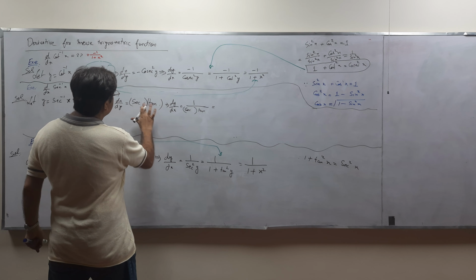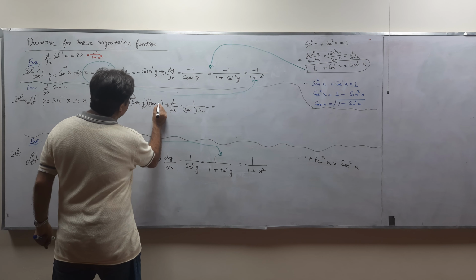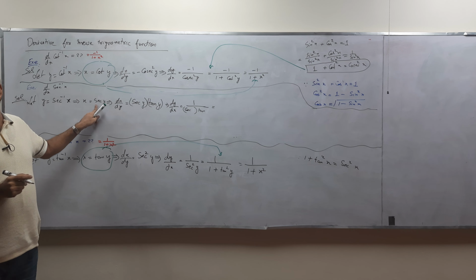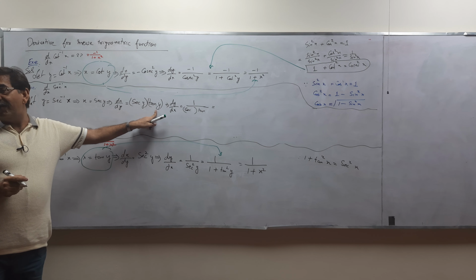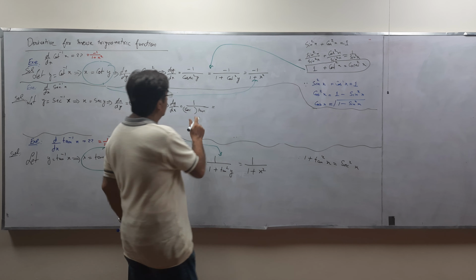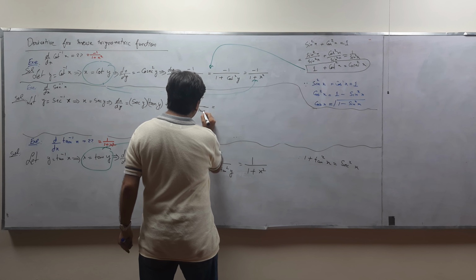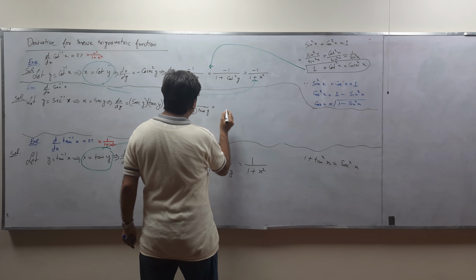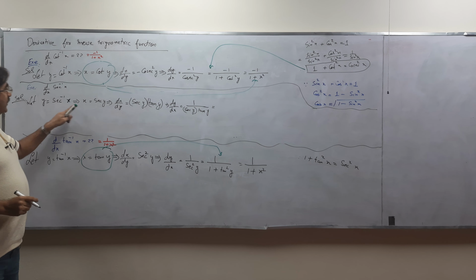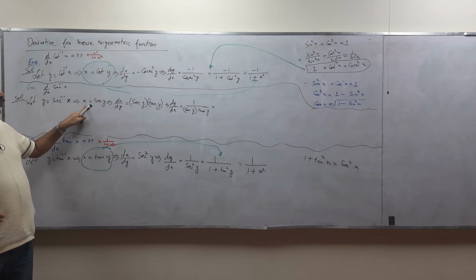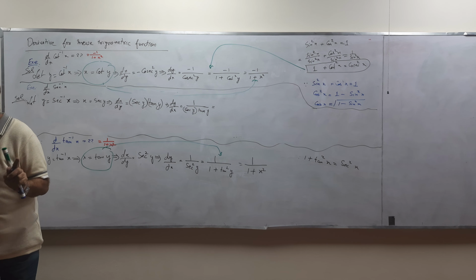Sorry, these are secant y and tan y, because this is a secant y. So the derivative is secant y and tan y.